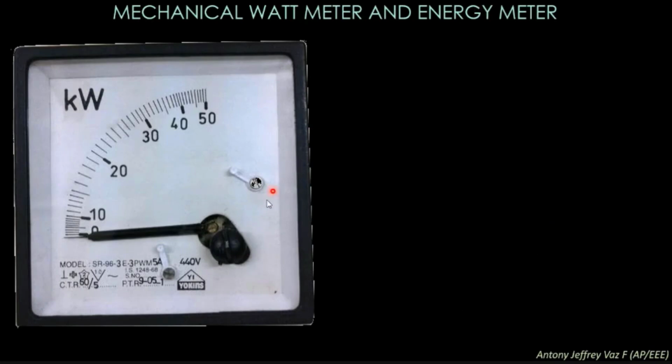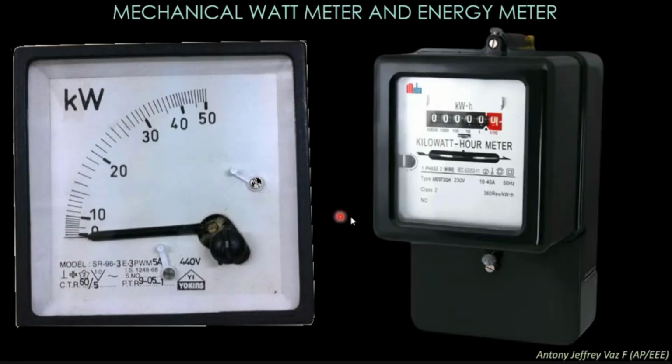You can see this one is the mechanical wattmeter, and this one is the energy meter which you can see in your home. This is the thin disk, and here this one is the registry system. Since the disk rotates, the registry system will count one by one. But in a wattmeter, you will see the watt reading.